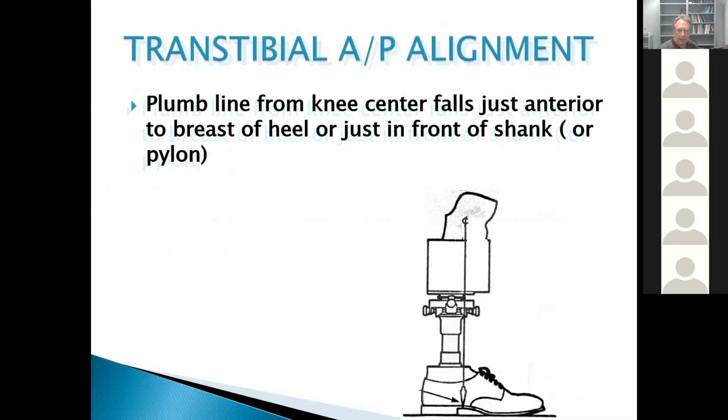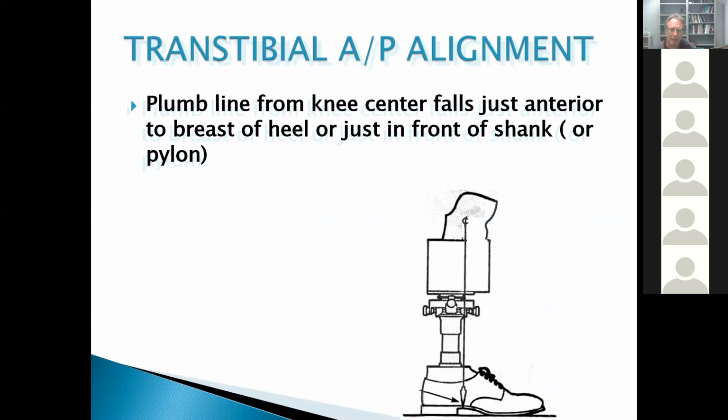Okay, and these are just some directions. So if somebody was using an Oxford shoe, which is rarely actually used these days, but if they were, this is called the breast of the heel that I'm pointing to right here. Or in an actual Oxford shoe, like I wear some of the time, this is the breast of the heel.